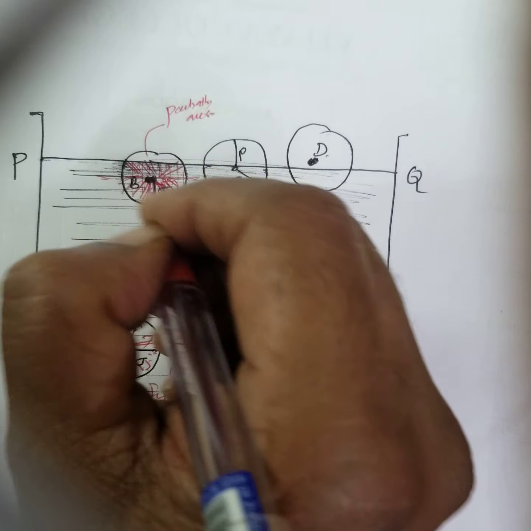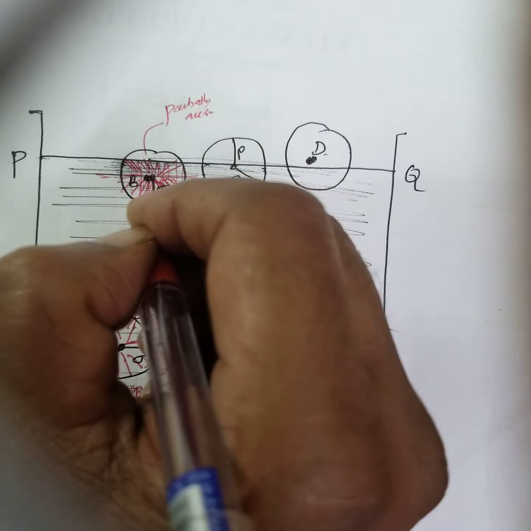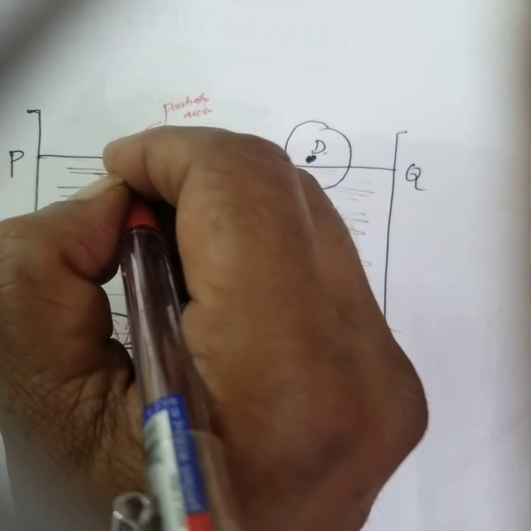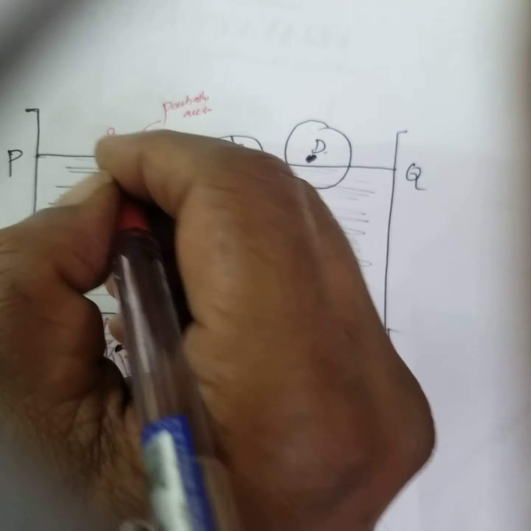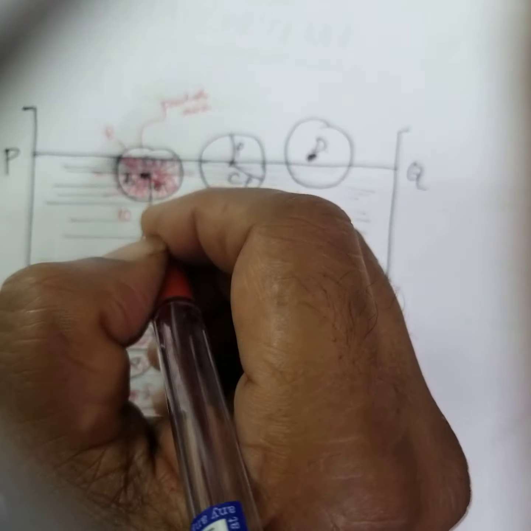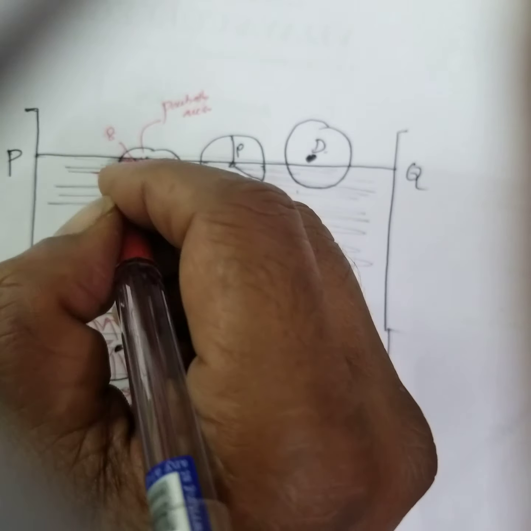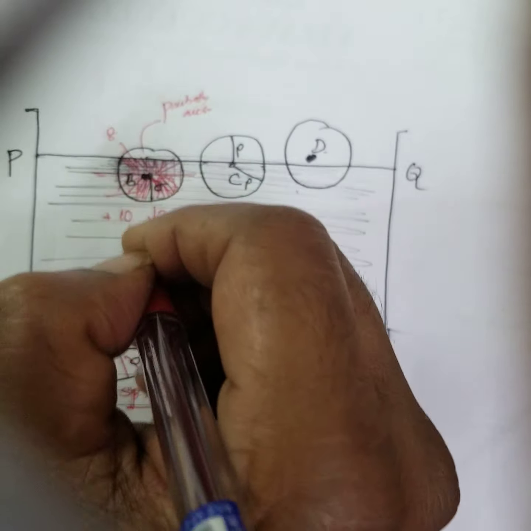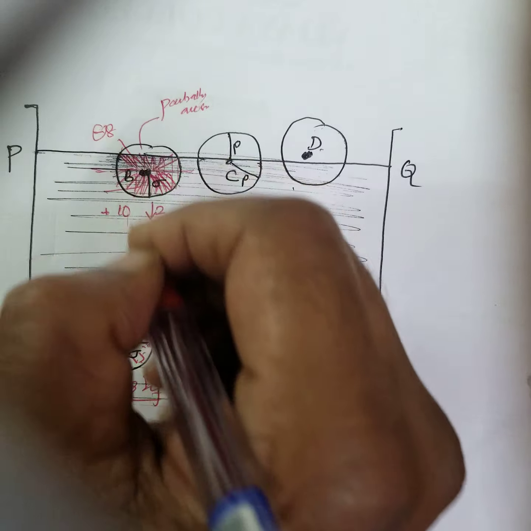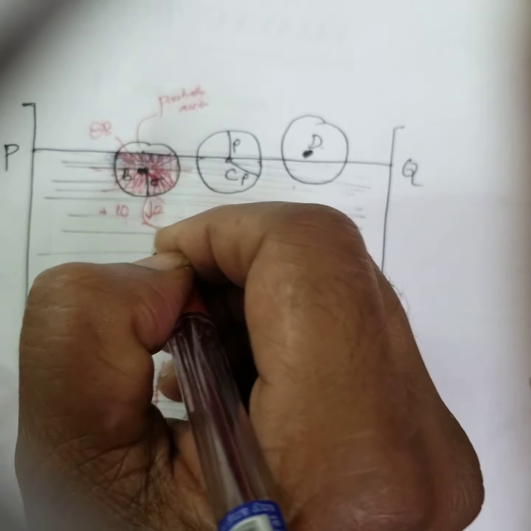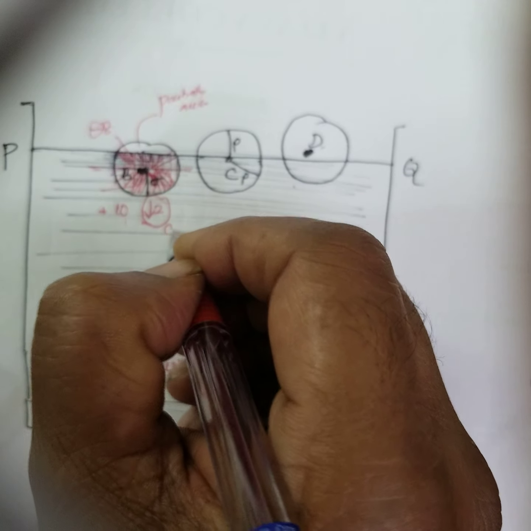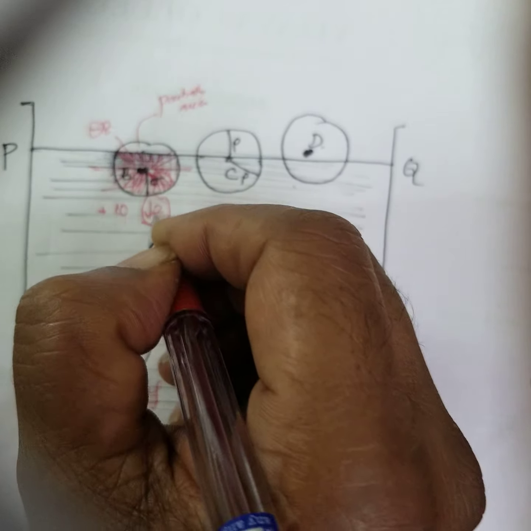Here the downward pull is more. Here upward pull, here downward pull is at 10 units. Upward pull is equal to 8 units. Say 8 minus 10, there is a resultant of 2 units downward pull. This is upward. As a result, the resultant cohesive force is downward.